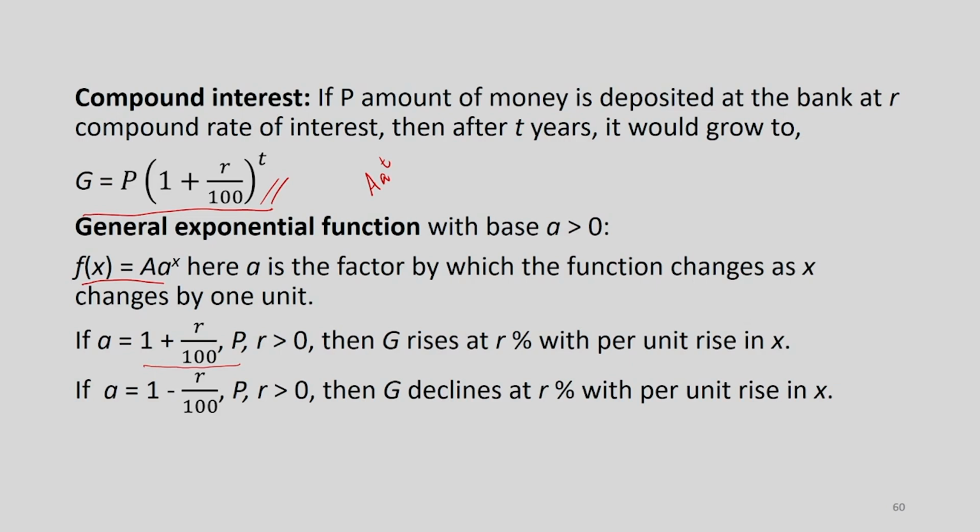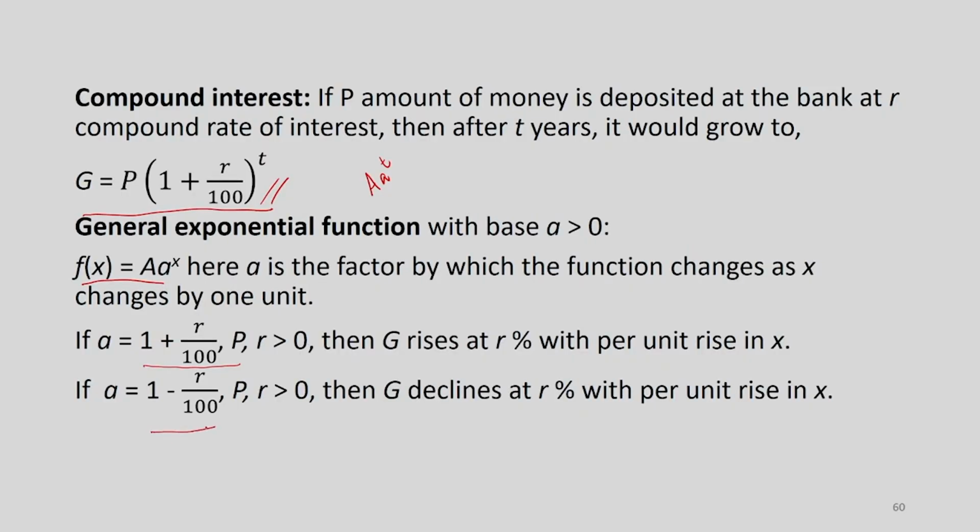So, instead of rising, if it is declining, if you are considering a negative interest rate, then a is expressed as this 1 minus R divided by 100, and here R is positive, P is positive, then G is declining at R% per unit rise in x.